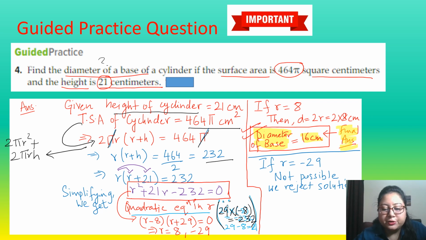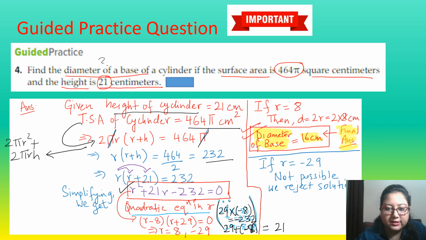Okay, so I'm sure you have got the two numbers as plus 29 and negative 8. When you multiply them, you can check your values, whether you've got the correct factors or not. So 29 multiplied with negative 8, definitely that's giving me negative 232. And 29 added to negative 8 is giving you 21.